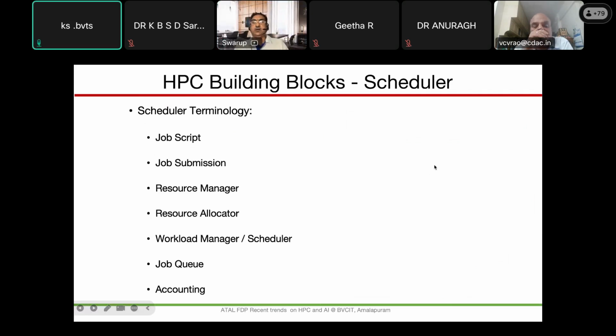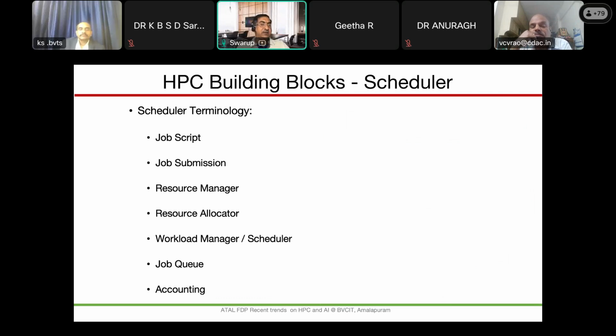Yeah. So coming to the schedulers. Now, what do you need in the scheduler? What you need is a job script. There is a format in which I need to write so that the scheduler can understand. For example, I want 4 CPUs, I need 1 GPU, I need this much memory, and this much storage.